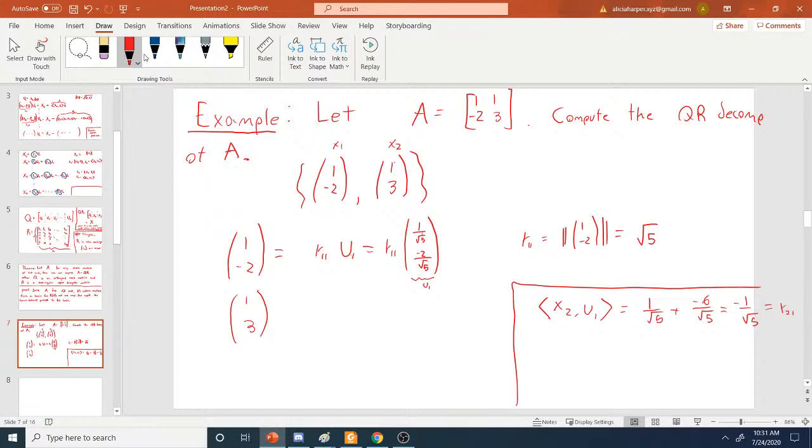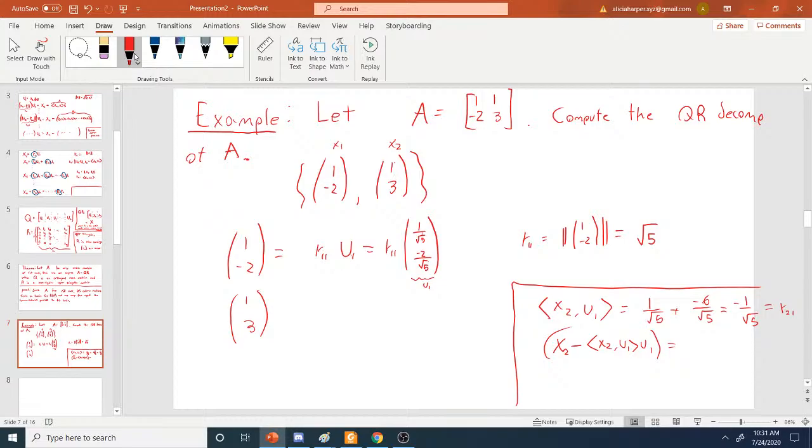So, if you'll recall from our work earlier, what we actually first do is we then look at x2 minus x2 inner product with u1 times u1. This was the thing we were calling, well, this thing right here was the thing we were calling P1.